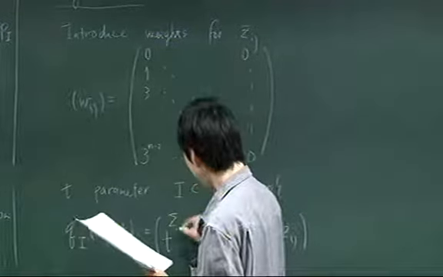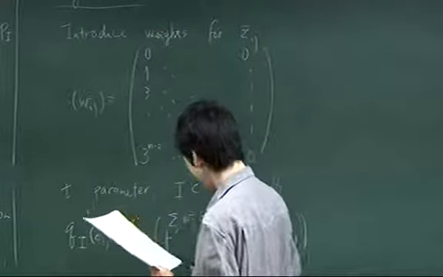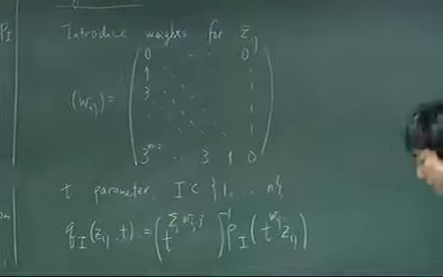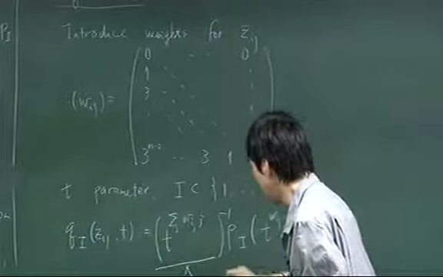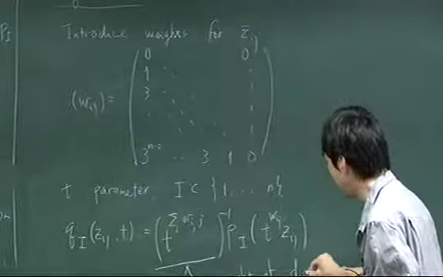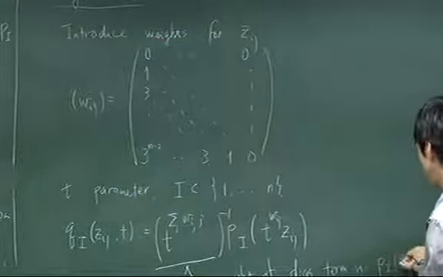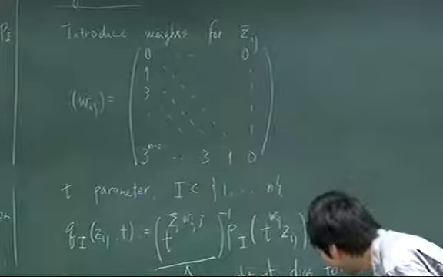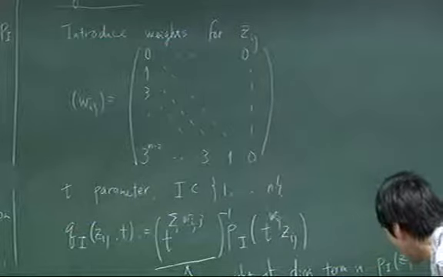This is just given by the weight w_ij. So this part is just the weight of the diagonal term in P_I(z). This means this is just z_{i_1 1} z_{i_2 2} ... z_{i_k k}.